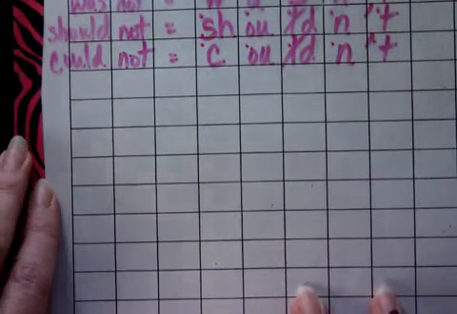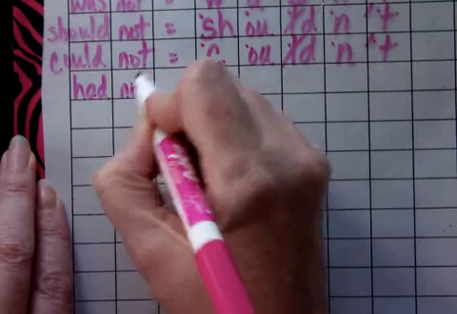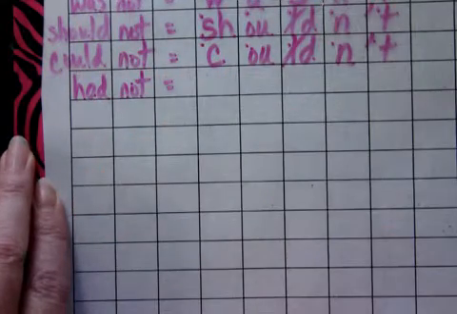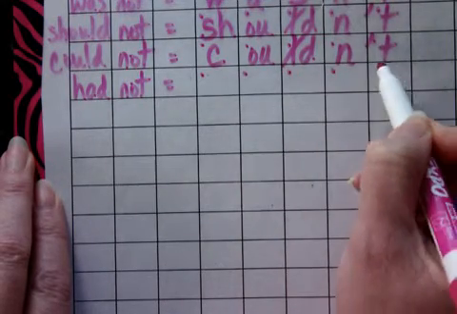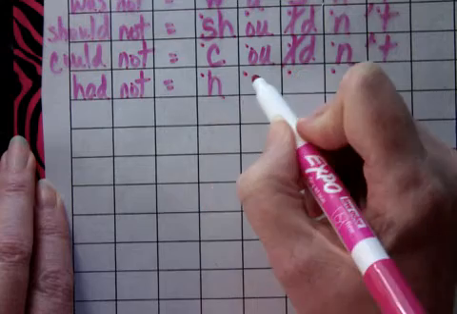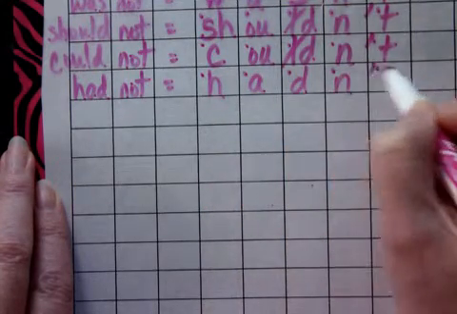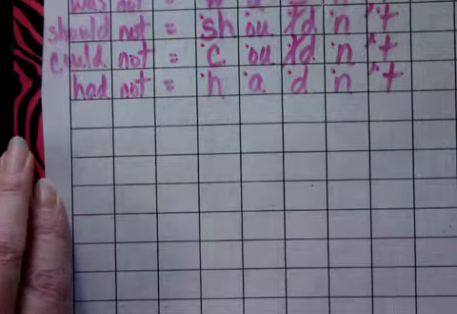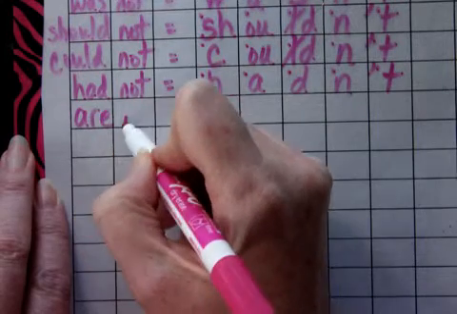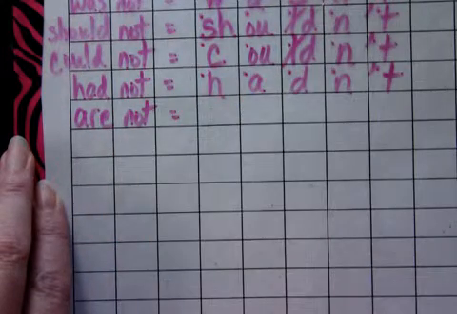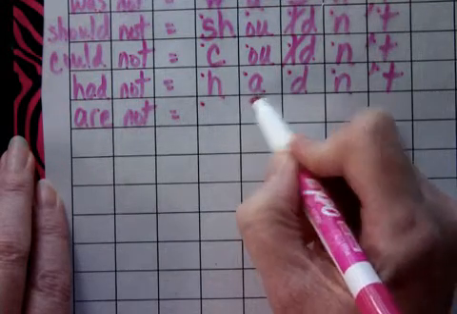After couldn't, we had had and not. Hadn't. Add, n't. Add, apostrophe T. Hadn't. What about are not? Aren't.